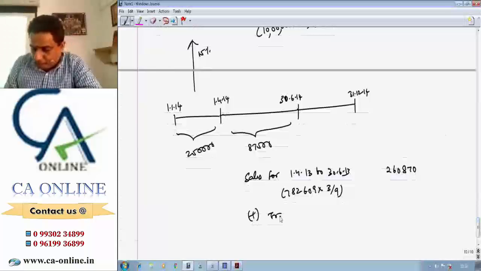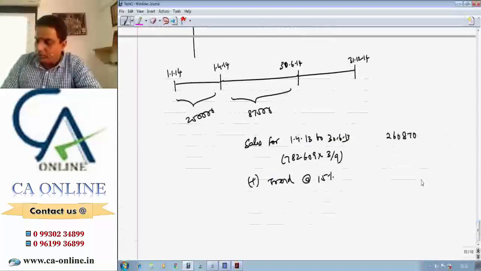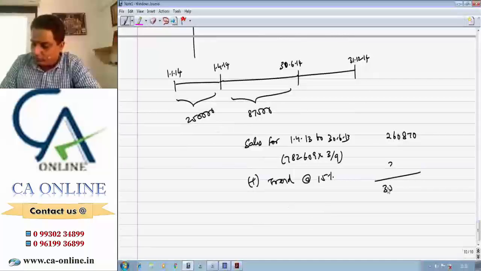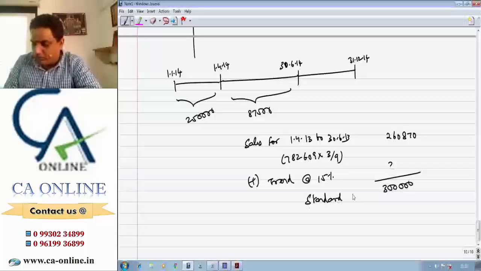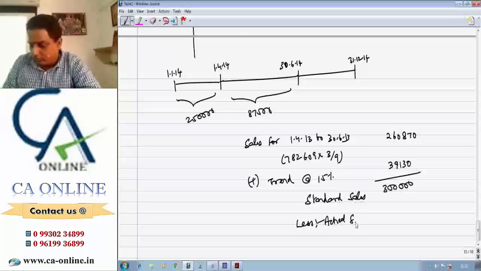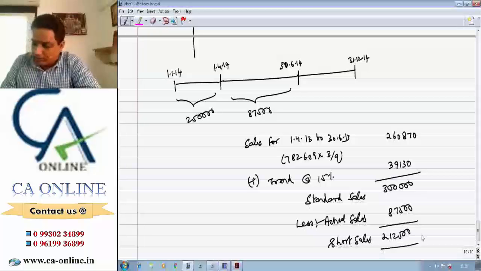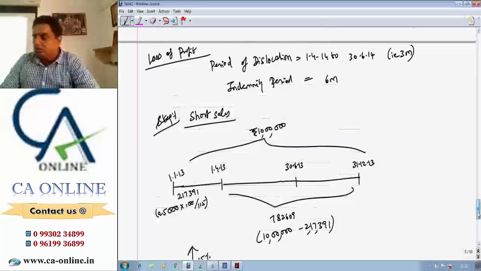Add trend at the rate of 15%, as if the accident had not happened. Difference, how much is that increase? 39,130. That will give you standard sale. What is the actual sale? 87,500. What is the short sale? 2,12,500. Copy this. And the problem is not over, there is still one more issue, we will address that.